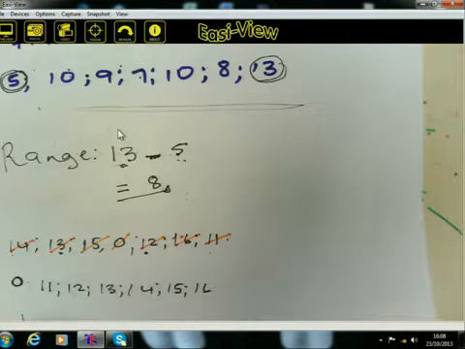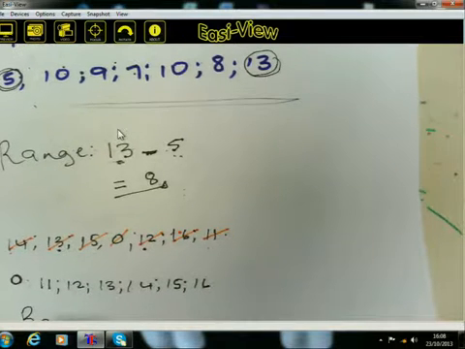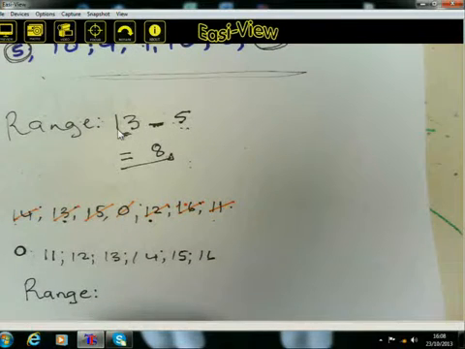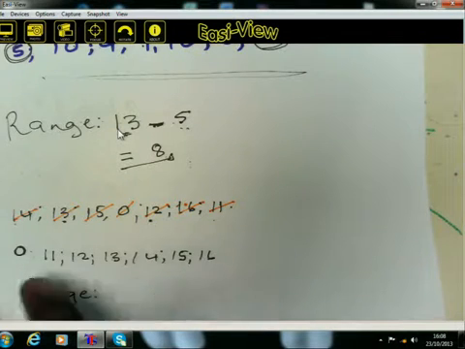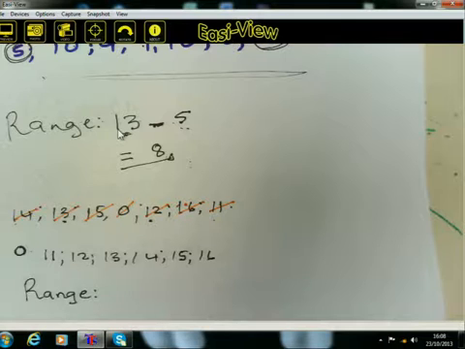We are looking for a range. Now what will be our range? It's the highest score minus the lowest score. Now it's simple for me to see which one is the highest and which one is the lowest.